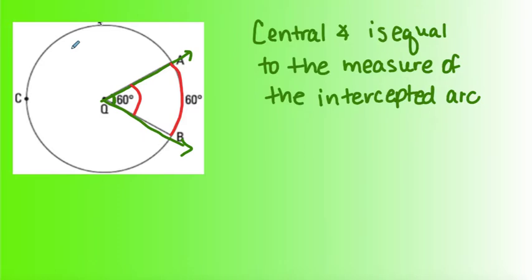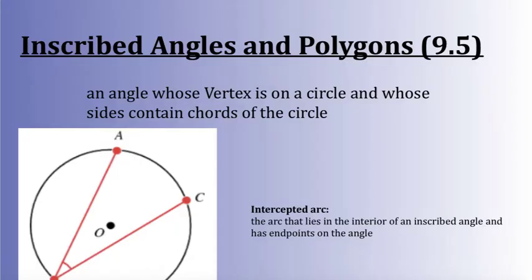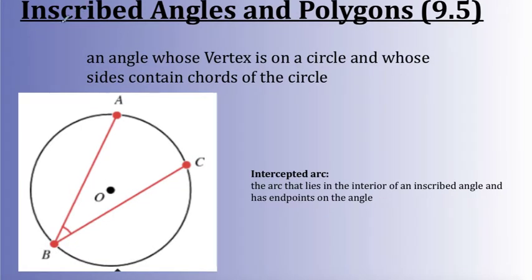All right. Well, we have another type of angle that we're going to talk about, and this one's called an inscribed angle. Now, we've talked about figures being inscribed in circles. An inscribed angle is an angle whose vertex is on the circle and whose sides contain chords of the circle. So this right here is an inscribed angle because its vertex is right on the circle.